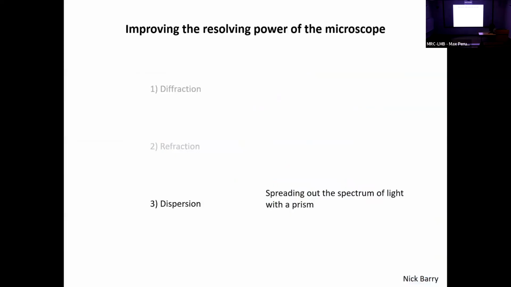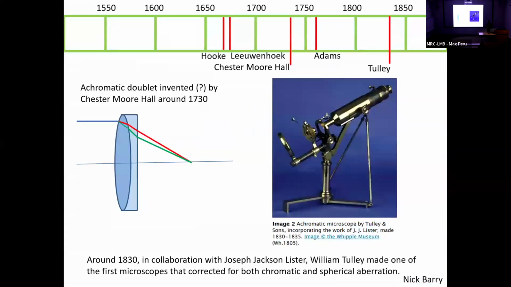And then dispersion. This is the idea that light bends different amounts going through a prism. What that led to in microscopes was a sort of rainbow halo around objects if you're illuminating with white light. That was largely fixed by the achromatic doublet, which has a high and low refractive index glass in it.